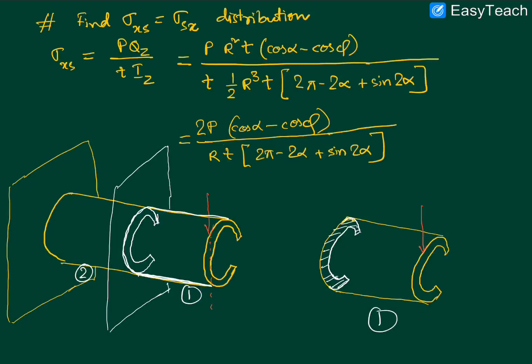So I repeat myself, the shear stress distribution that we are concerned with, and which will contribute towards the torsional moment, which in turn is going to balance the torsional moment due to this externally applied force, basically this shear stress distribution which you have just found, is on this.